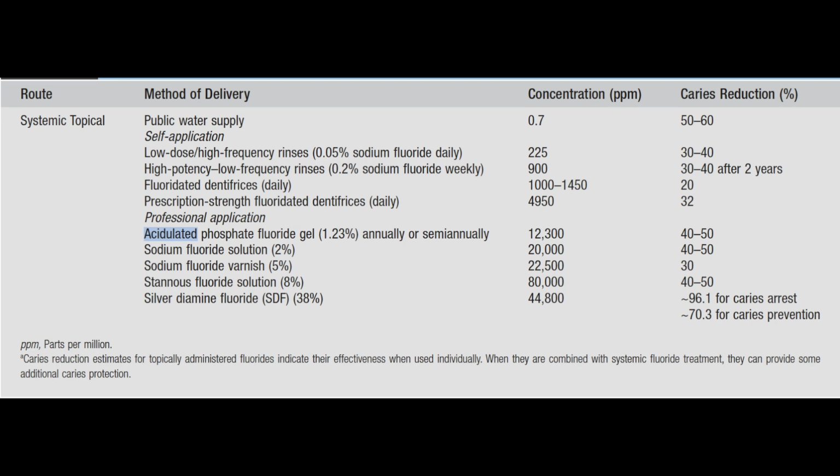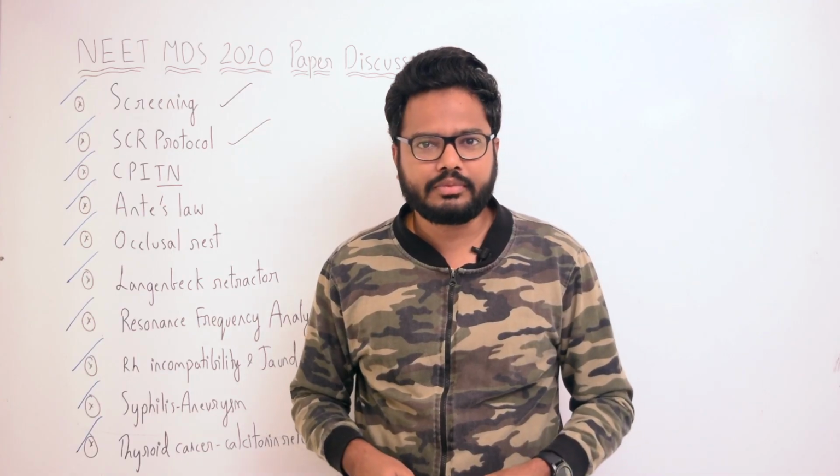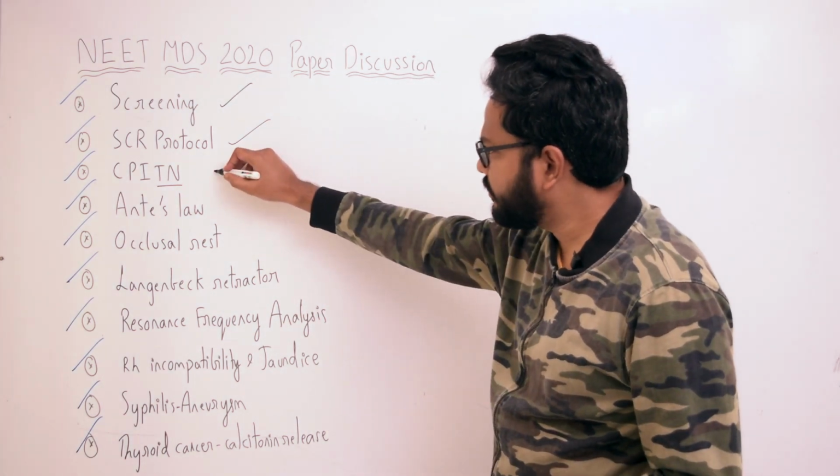As you can see in this table, which is very important, silver diamine fluoride 38% shows 96% caries arrest and 70% caries prevention. You can make a note of all these values. Consider this table very important, along with the concentration of fluoride in various methods of fluoride delivery. Moving on to the next question.